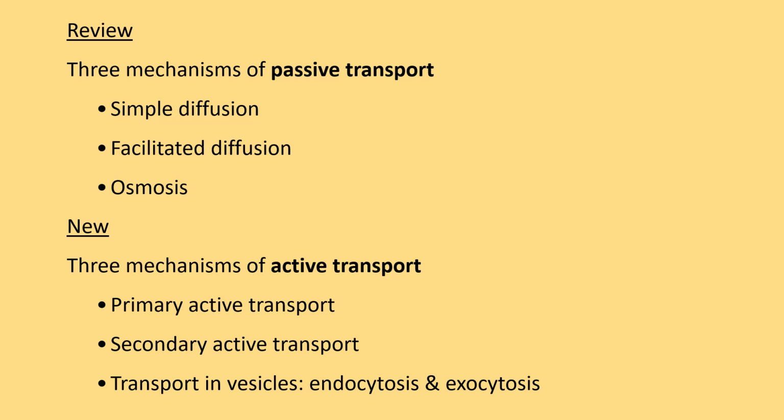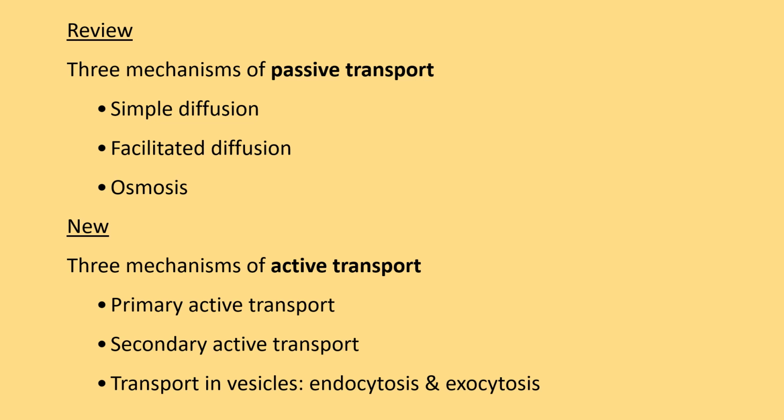So you've seen this information before. I hope you remember that all transport mechanisms are divided into these 2 categories, passive transport and active transport. And passive transport, which we have recently covered, includes methods of crossing the plasma membrane that do not require the cell to spend ATP, and they rely on an existing concentration gradient.